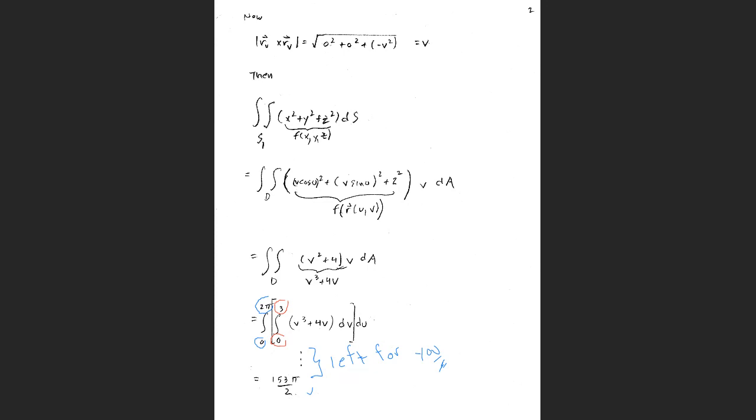We have to compute our second surface integral across the cylinder. Okay, good. How are we going to start, everybody? I want to compute my next surface integral across the cylinder.